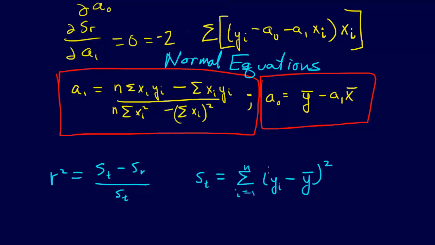So this is just the sum of the squares of the errors. This is what we used in the numerator of our variance term.